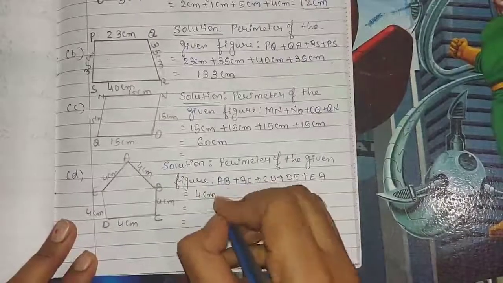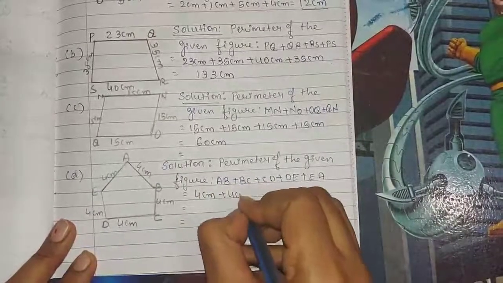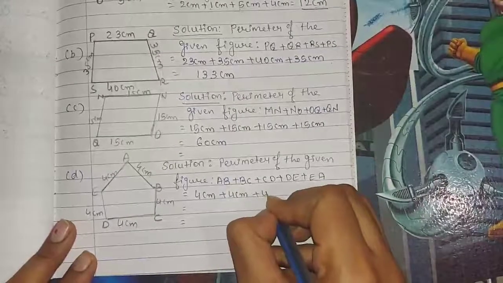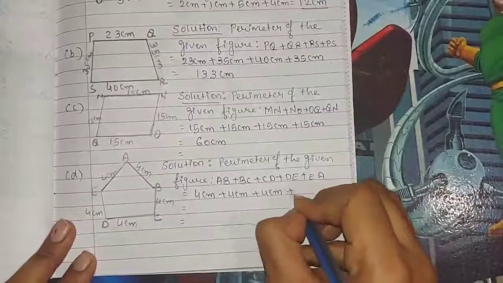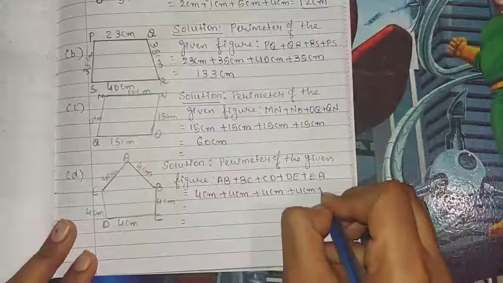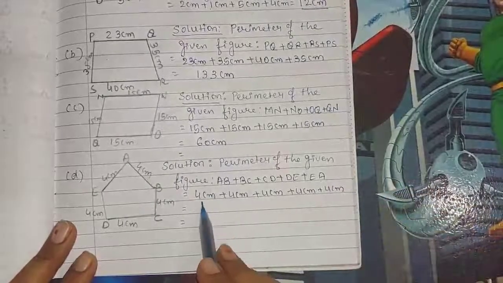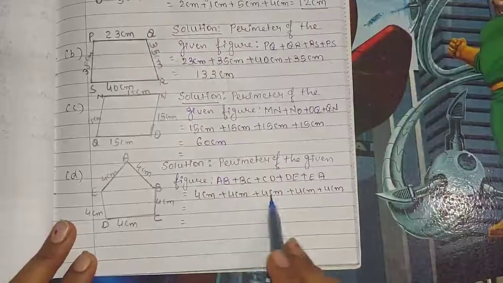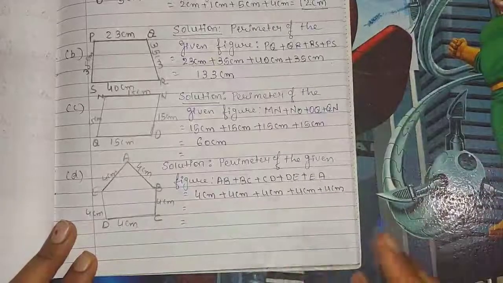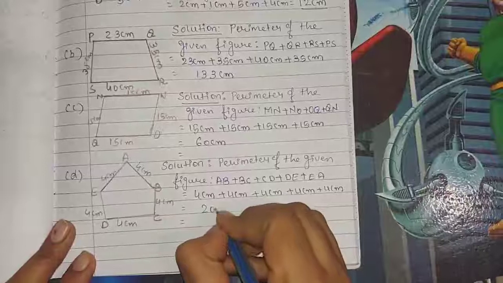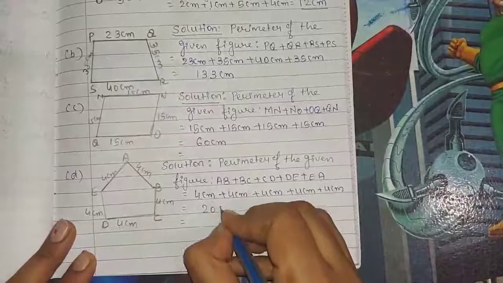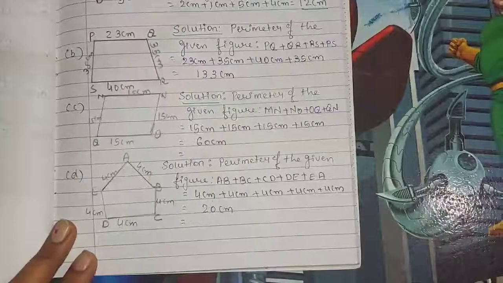So we will add 4 centimeter plus 4 centimeter plus 4 centimeter plus 4 centimeter plus 4 centimeter. Now 4 centimeter is how many times? 1, 2, 3, 4 and 5 times. So 4 fives are 20 and the unit is what, children? Centimeter. So we will write 20 centimeter.